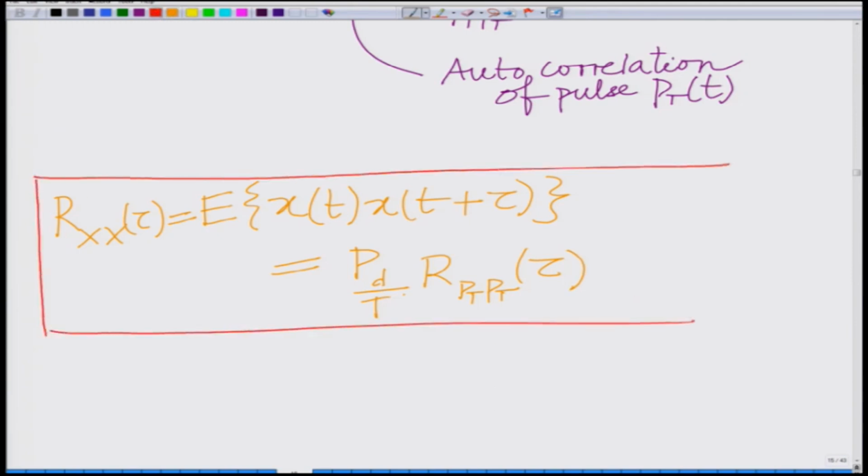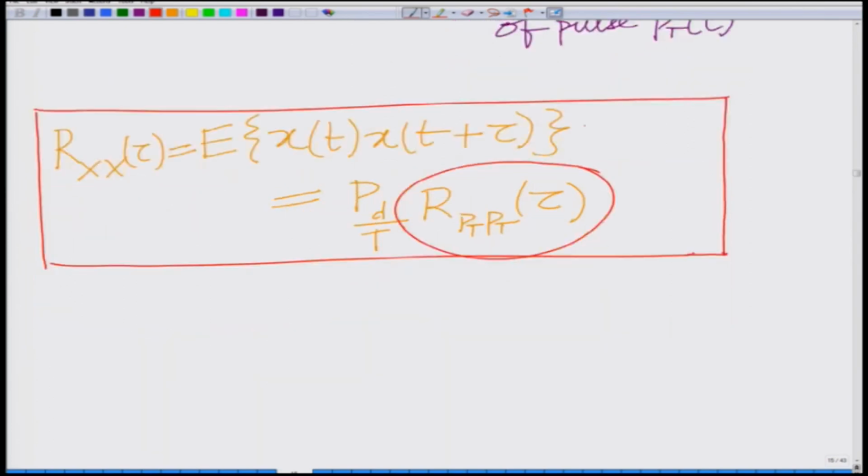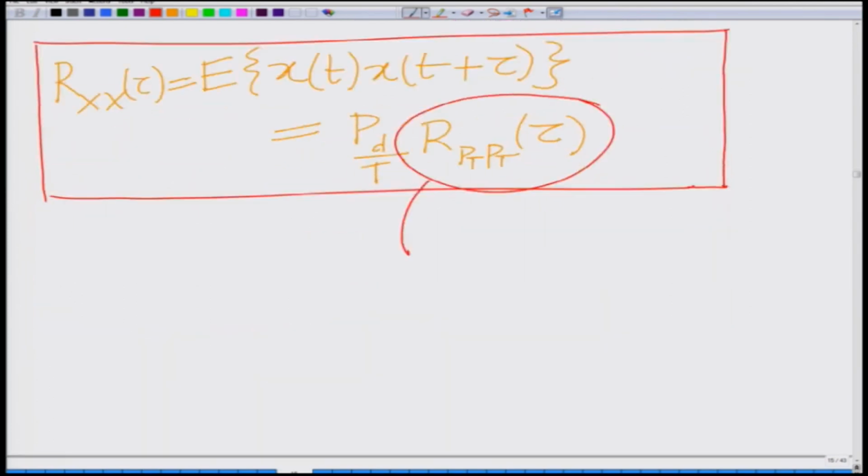Okay. So, what we have seen is that the autocorrelation of the signal is indeed related to the pulse.